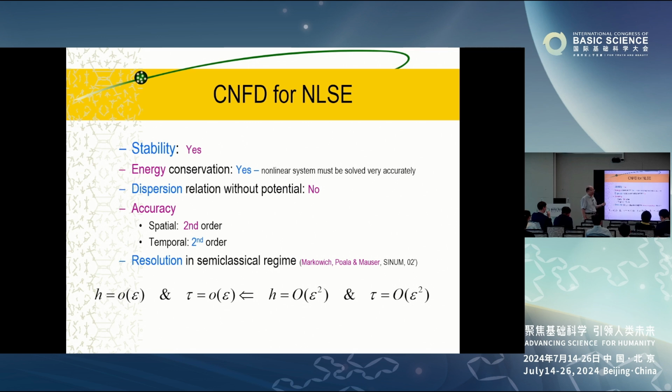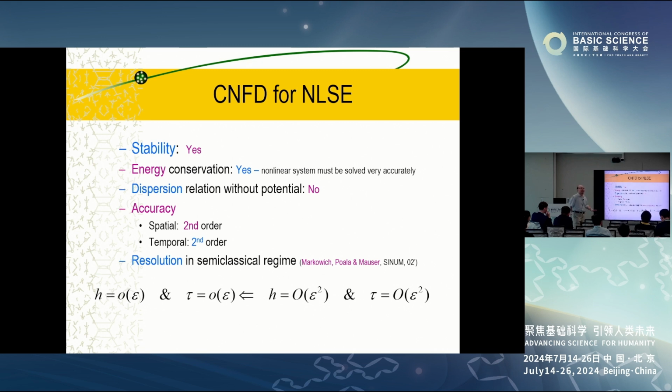Understand the resolution, so that your numerical method is accurate. So they found, by Markowich, Pietra and Mauser, that for this scheme, your h must be chosen as little o of epsilon, and the time step tau also little o of epsilon. In computation, you need to choose h equal epsilon square, tau equal epsilon square, so that your result is trustable.